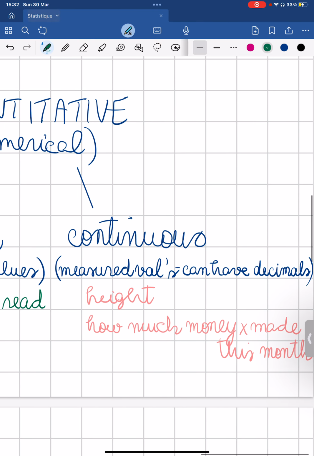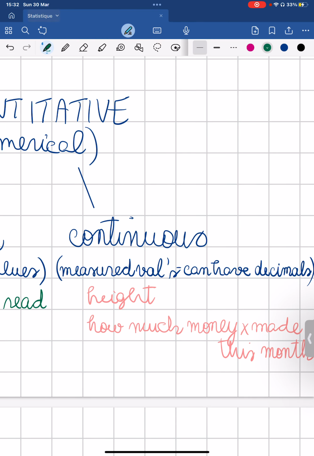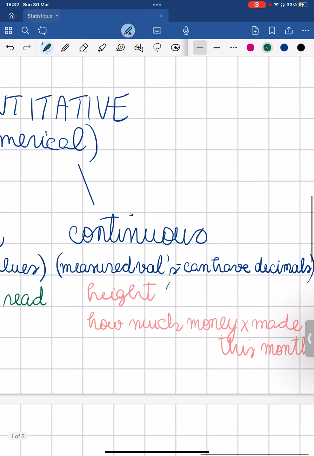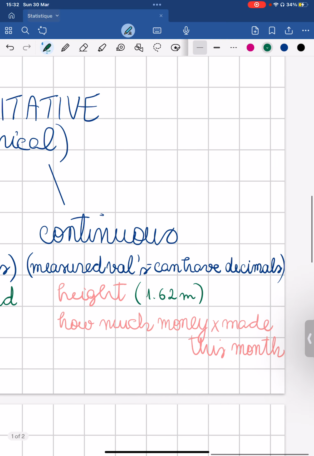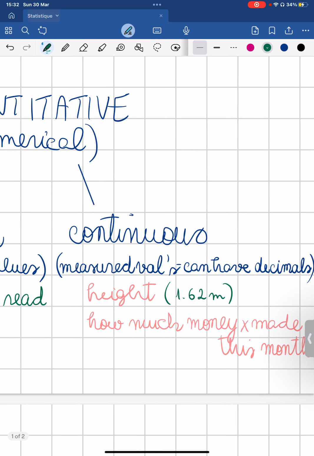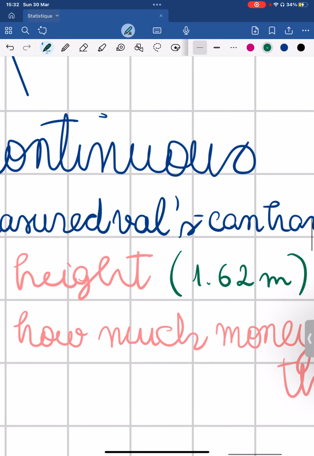Now, continuous data, it deals with measured values, like someone's height, that could be 1.62 meters, or how much time you spent studying, or how much money someone made this month. Now, these are unlistable. That is because, for example, let's take the height.